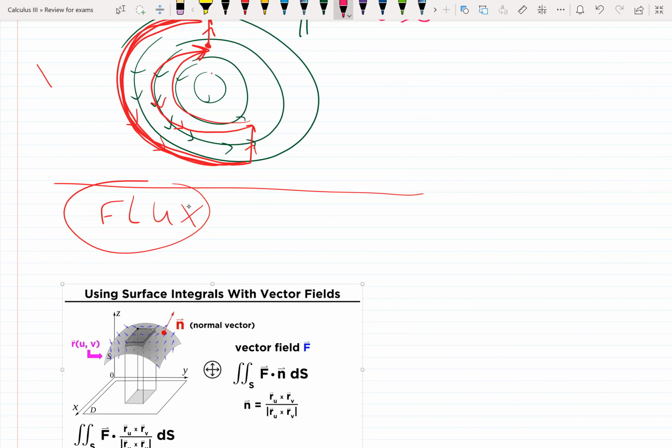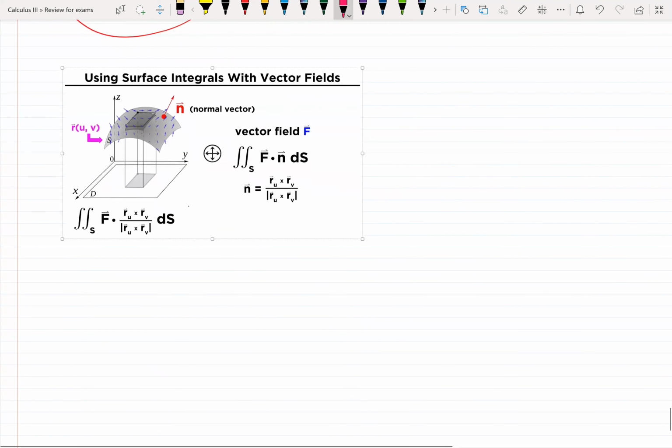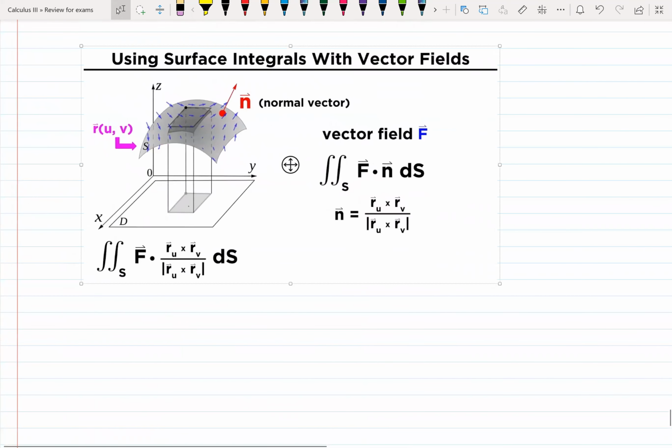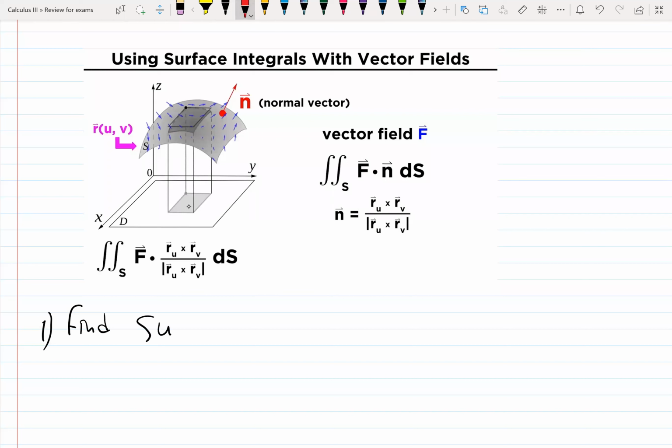So let's write down the problem I want to work on. And that's the last formula I think you need to remember. I think I covered all the formulas already. Find the surface integral. Seriously, just change the color.